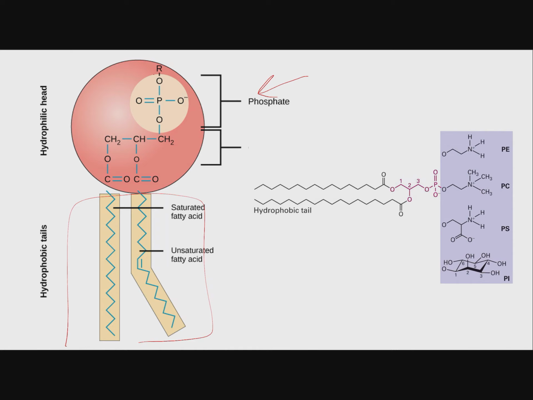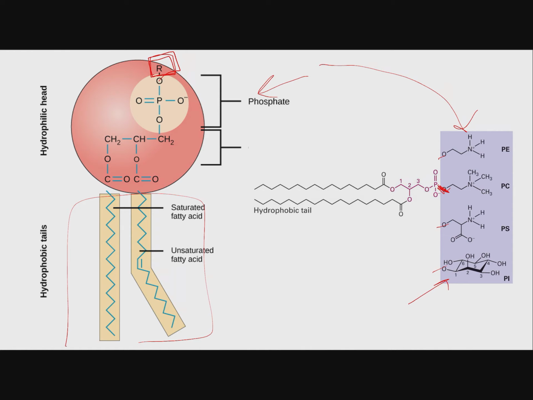Now, the ethanolamine or the choline or the serine or the inositol get added on to the phosphate. So they are these R groups shown here up at the top, and you can see what those structures look like if this P right here was attached to this O or this O or this O. What does this PI look like? This inositol, phosphoinositol.